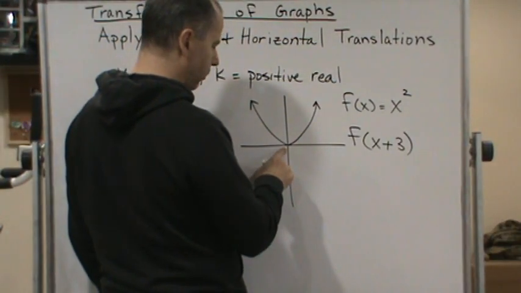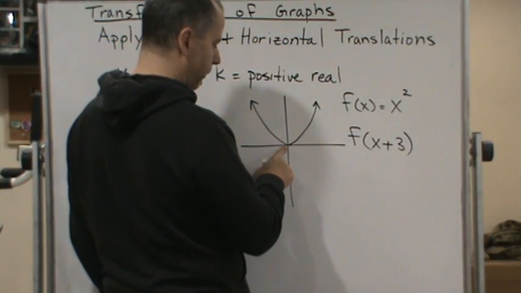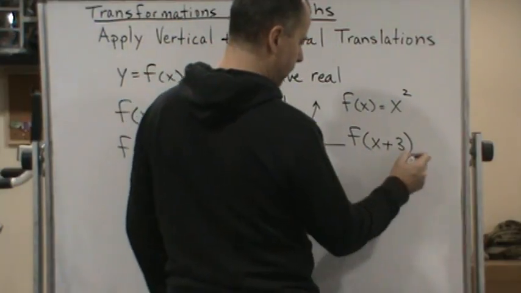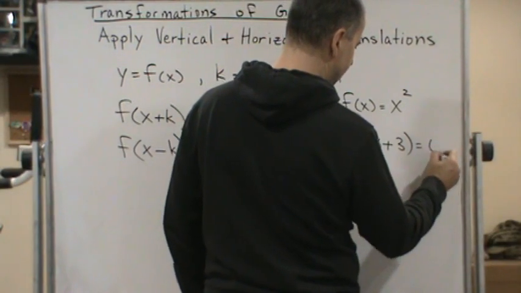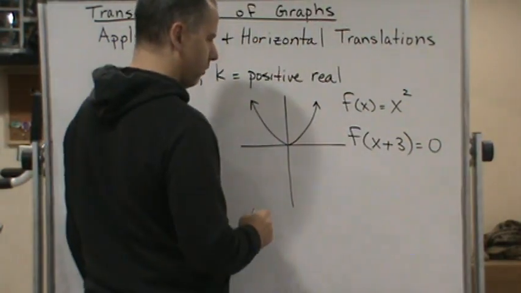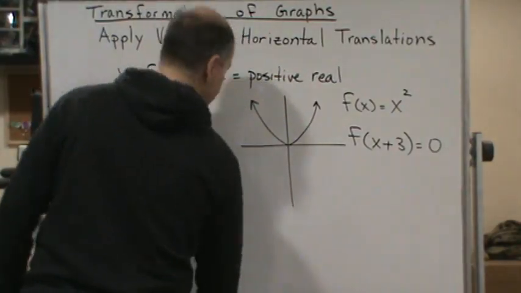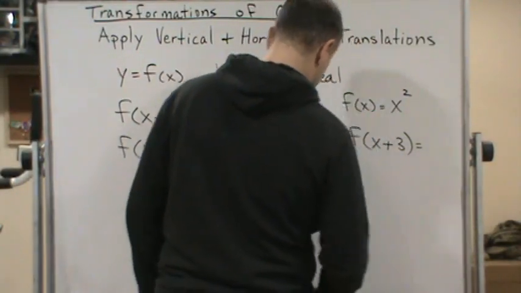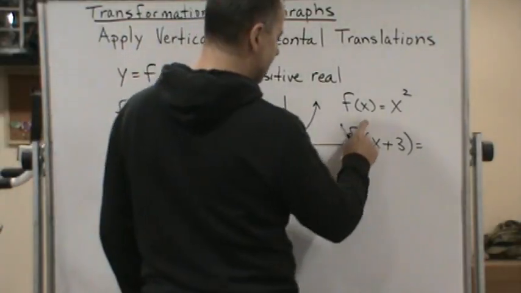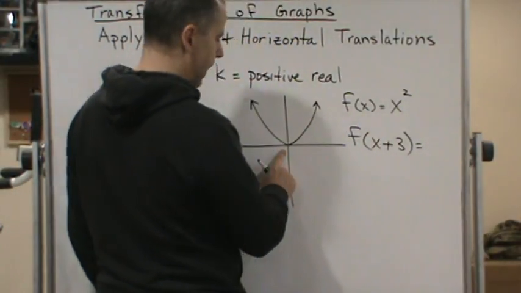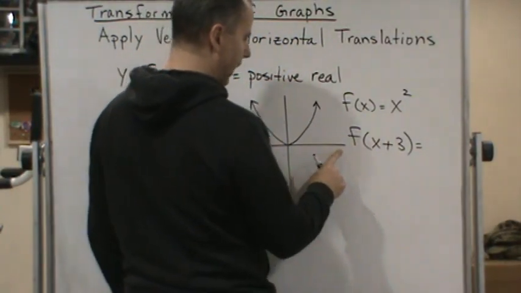The function is 0 at 0. But where is this function going to be equal to 0? Well, let's set it equal to 0. Or better yet, when x is 0, where is the y-intercept? So the y-intercept here is 0 when x is 0.